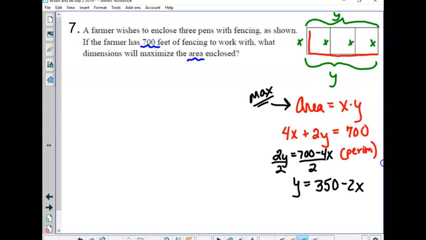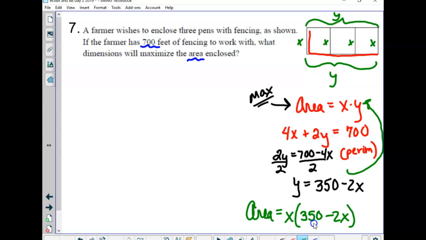All right, we're going to substitute that in up here so that we have an expression for area. It says area equals x times 350 minus 2x. Now, if I were to distribute that, I'd have 350x minus 2x squared.